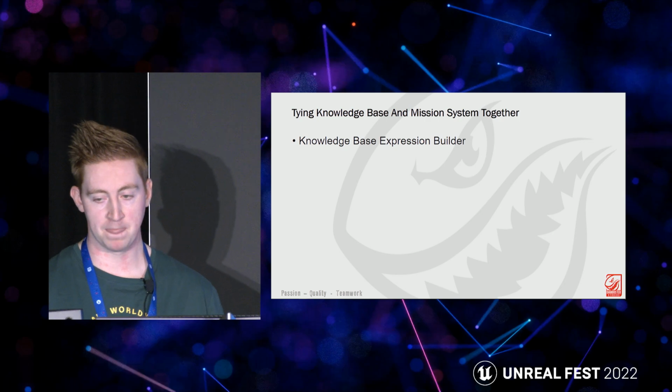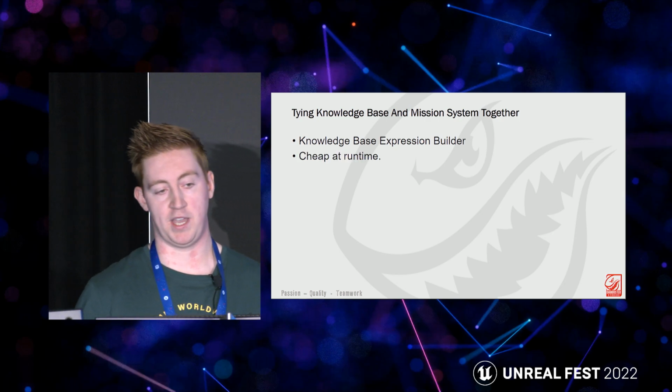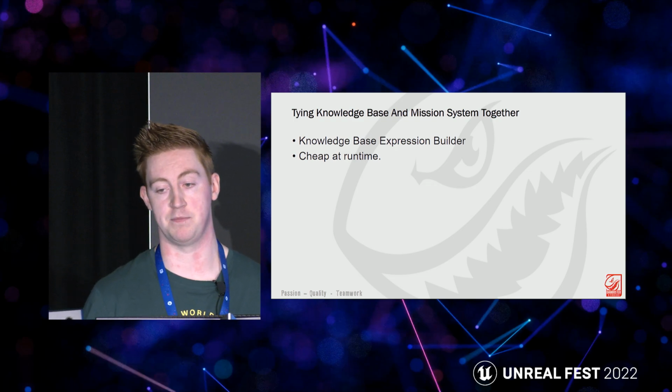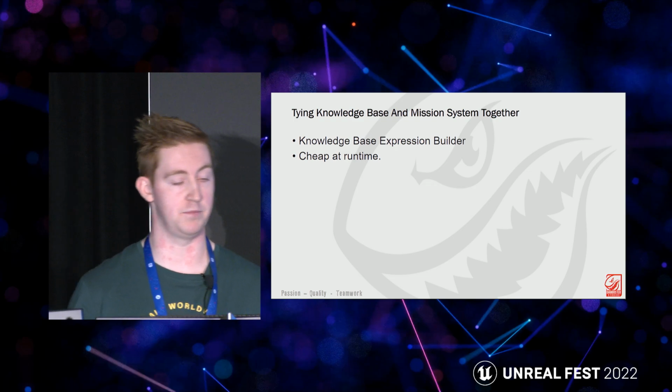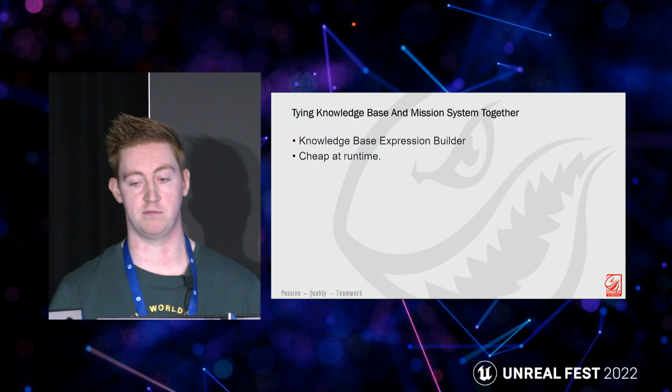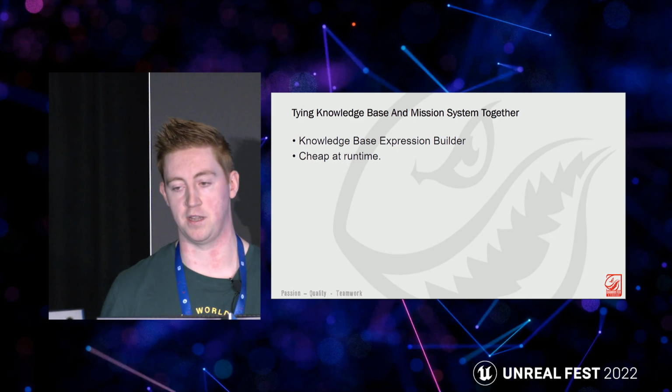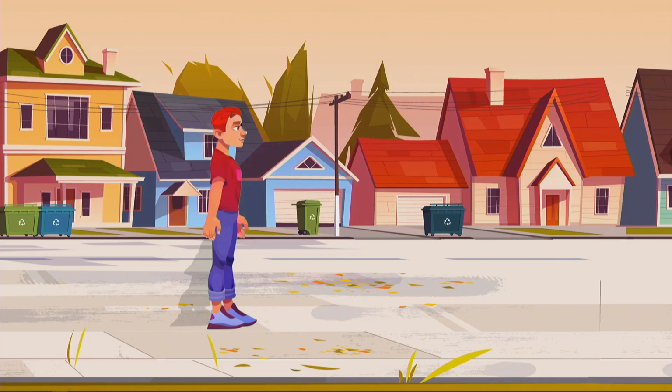And what this means is we can infer a specific state based on where the mission system is. And we did all this at editor time, so at runtime, it's just a piece of text. There's no hard references outside of editor time, which makes it a lot cheaper.